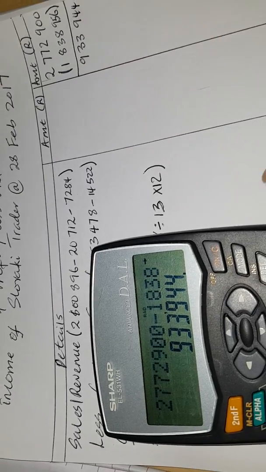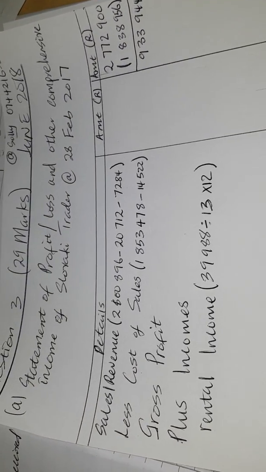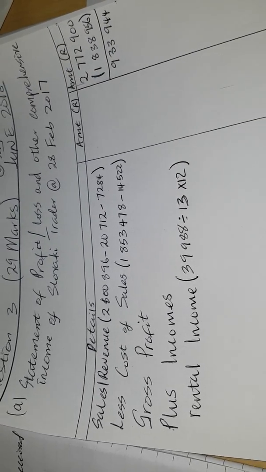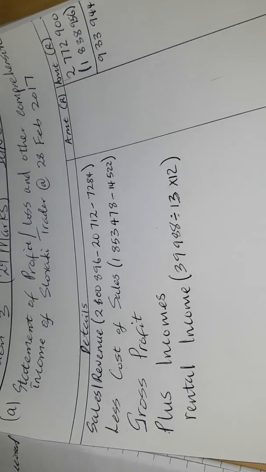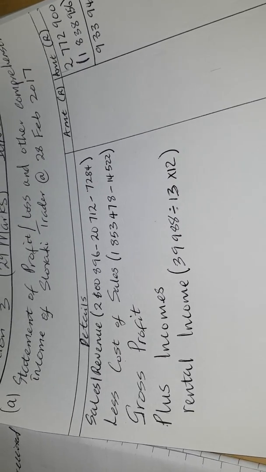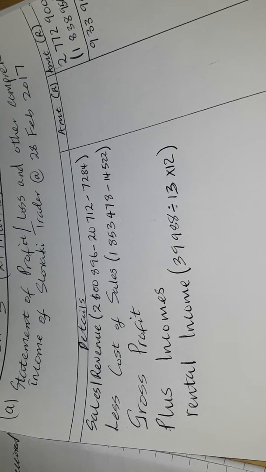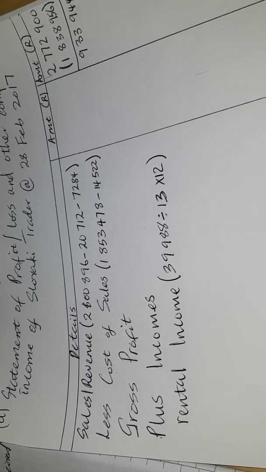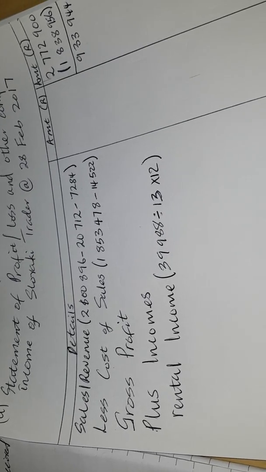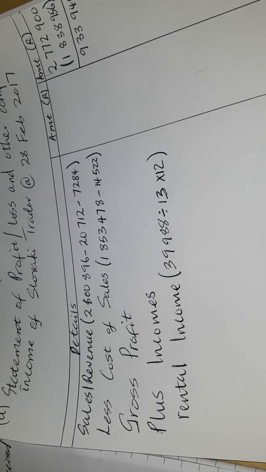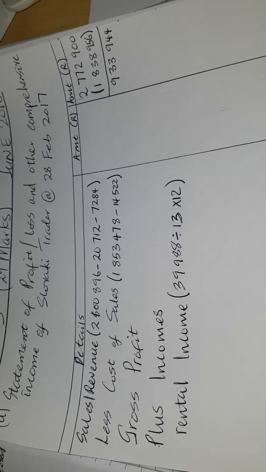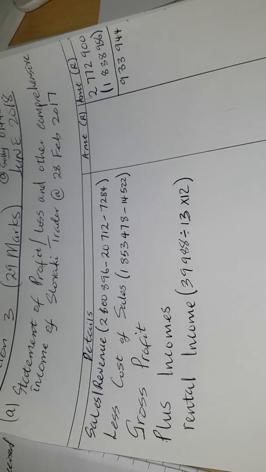Okay, so my gross profit will be 933,944. So what is a gross profit? A gross profit is the profit that you earn before subtracting the overheads or other expenses. For instance, you buy something at 10,000 and you sell it at 15,000. We cannot say your profit is 5,000, because we don't know what other costs you incurred to sell that thing at 15,000.